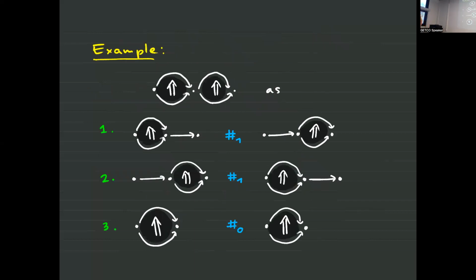So an example of pasting is this example which I've been showing. And the thing about the paste rule is that there is not a unique way of obtaining something by pasting.